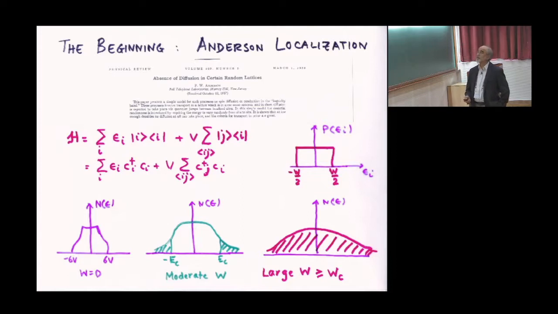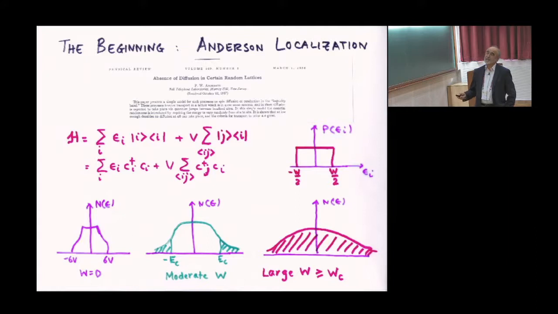This is a very old slide, as you can see from the transparency days. The whole subject of disordered systems started with Anderson's paper on absence of diffusion in certain random lattices. Anderson was actually interested in the question of spin diffusion, but he found that it was easier to solve the problem of single particle electrons, fermions, hopping on a lattice.